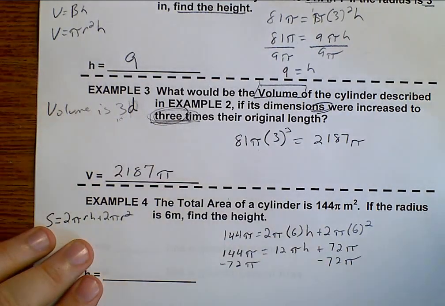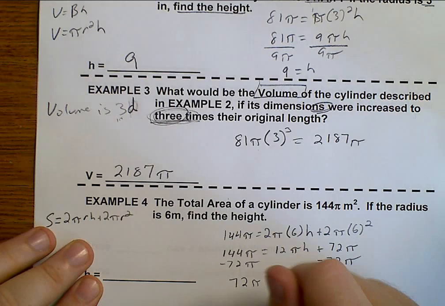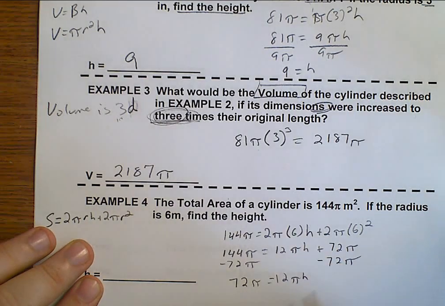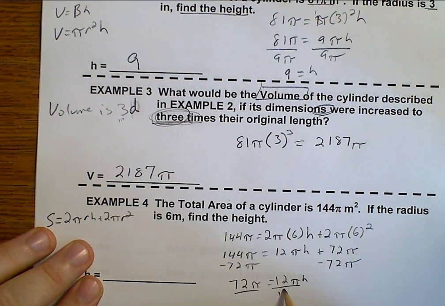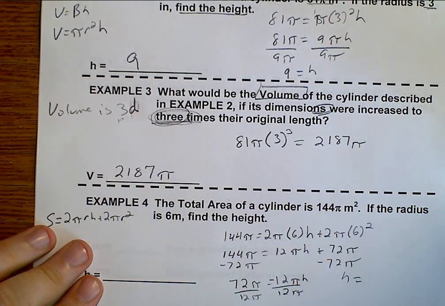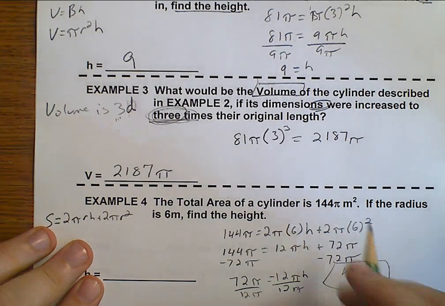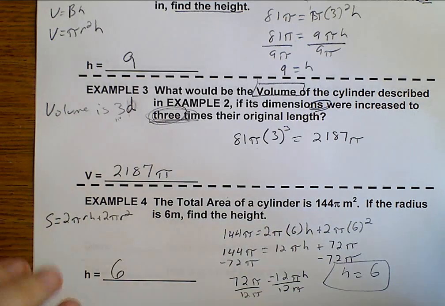So 144 minus 72 gives us 72 pi equals 12 pi h. We divide both sides by 12 pi, and we get that h equals 6. Moving on to example number 5.